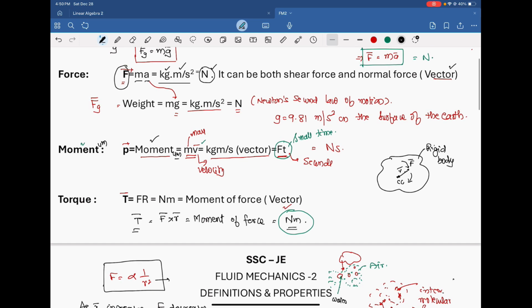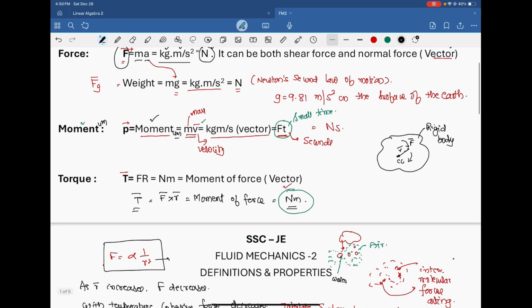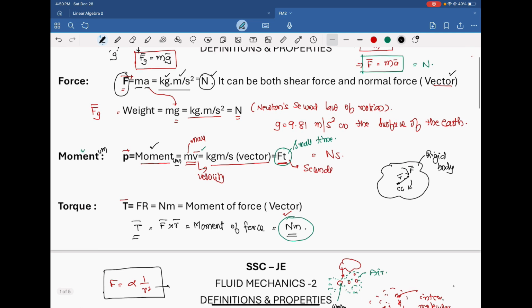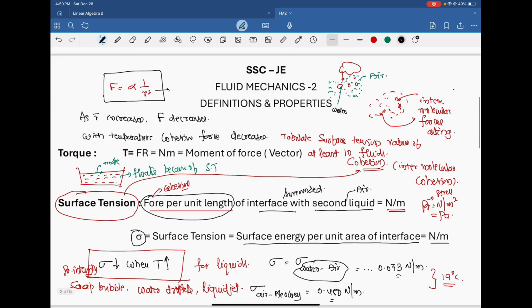For that only I started this lecture by defining force and then the moment or momentum in physics. P is equal to mv and then torque. These are the physics definitions, that is moment of the force.